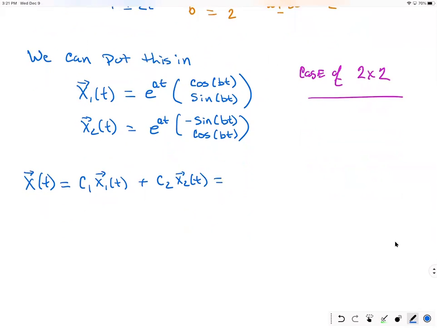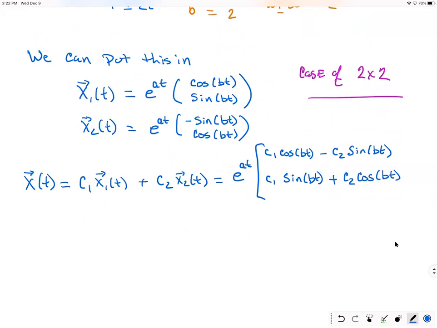And if we put these together, you'd have e to the at times c1 cosine bt minus c2 sine of bt, and c1 times the sine of bt plus c2 times the cosine of bt.